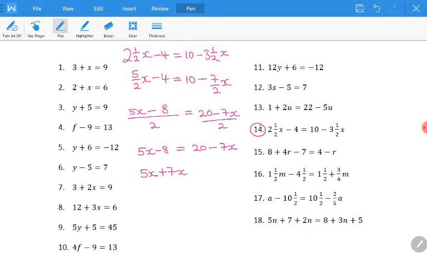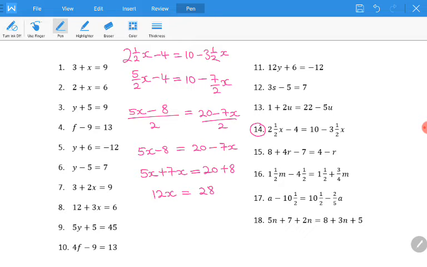If it goes to the left hand side, it will become positive. This is equals to 20 plus 8. 5x plus 7x, this gives us 12x is equals to 28.